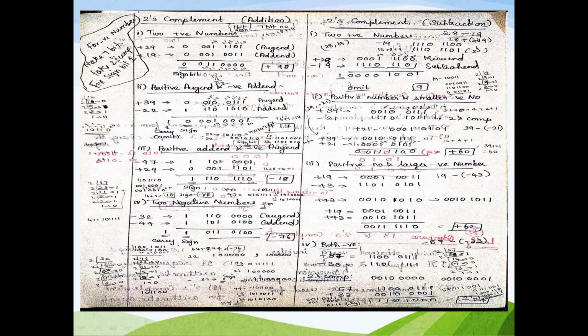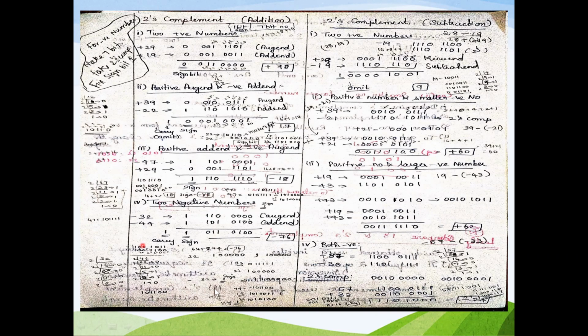In 2's complement addition, we consider 4 cases, where the two numbers A and B are the augend and addend. First, both augend and addend are positive. Second, augend is positive and addend is negative. Third, addend is positive and augend is negative. Fourth, both are negative numbers.